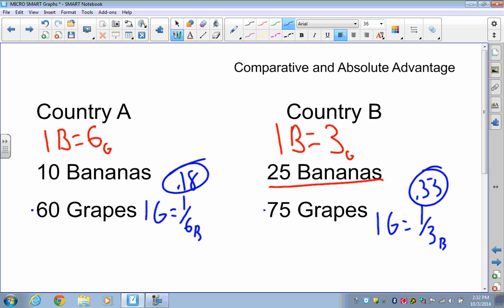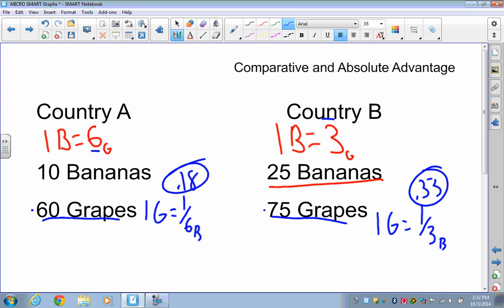Yes, because at any price of grapes between 0.33 and 0.18 bananas, country A would benefit and country B would benefit. And at any price of bananas over 3 grapes for country B and under 6 grapes for country A, both sides can benefit. For example, if country A bought 1 banana for 5 grapes, are they benefiting?